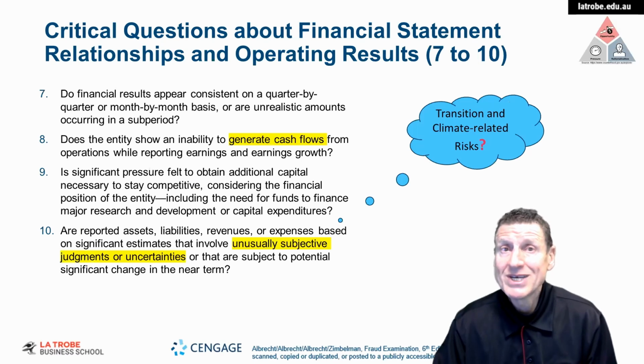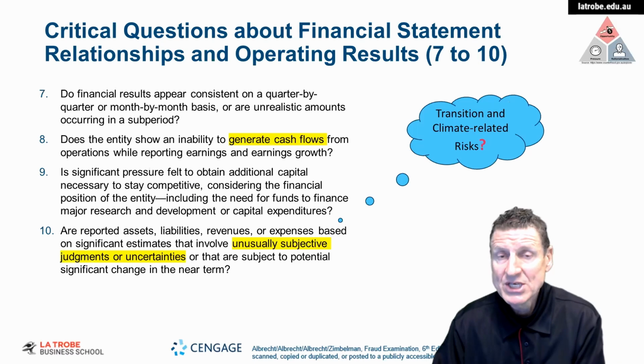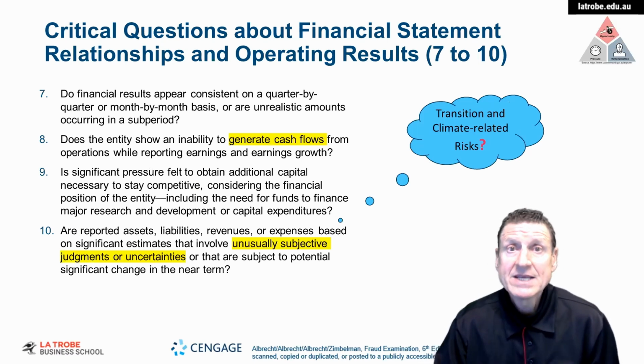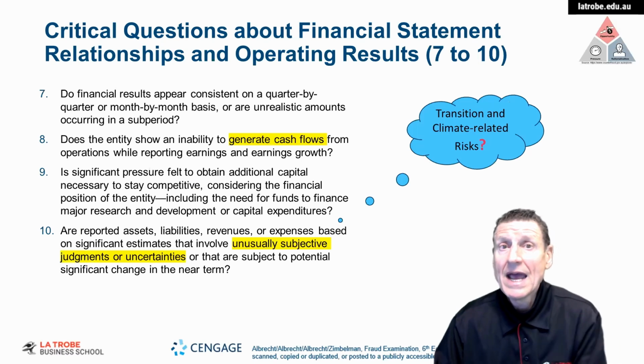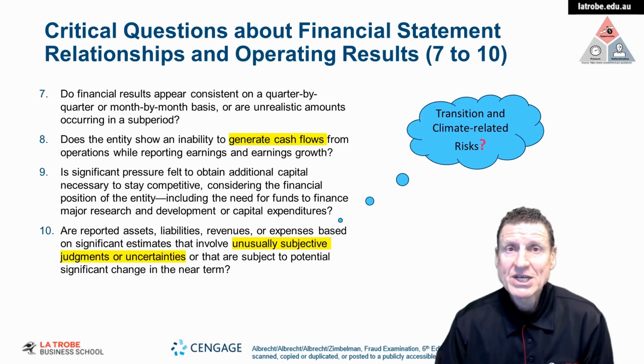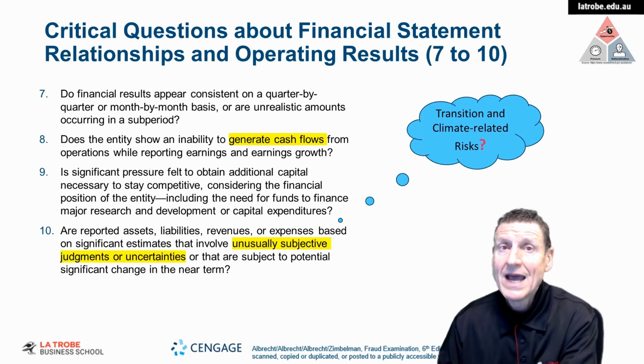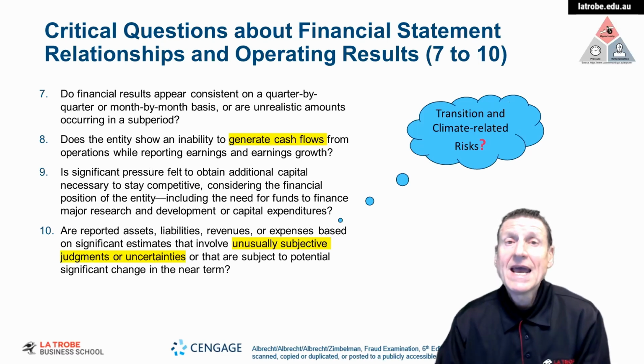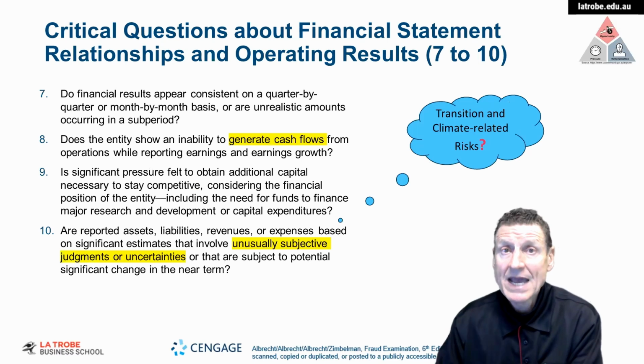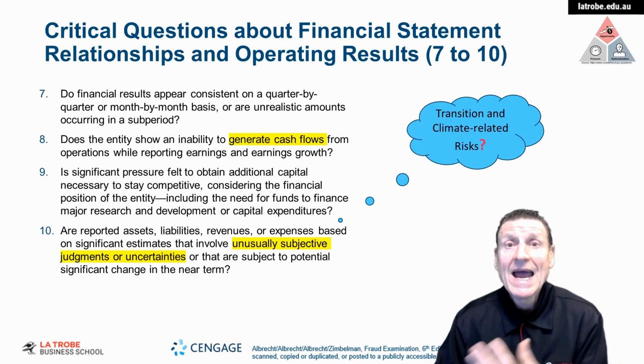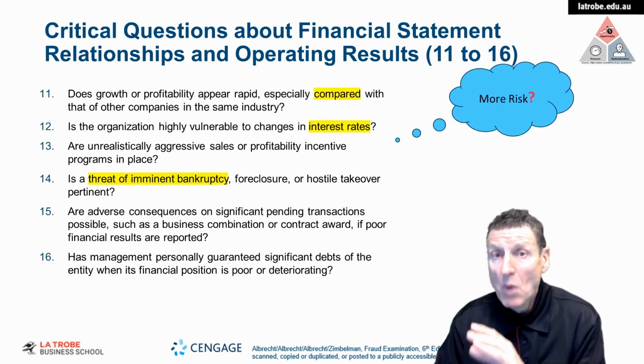Is the organization in a position to transition into the future, given where the industry is going, or given how climate patterns are changing: earthquake, rain, hail, fires, etc.? How's that going to affect the sales revenue stream of the products and services that the organization is going to sell in the future? This is what we mean by transition and climate-related risks. Wow. And just more risk.